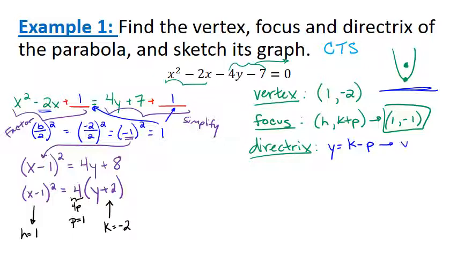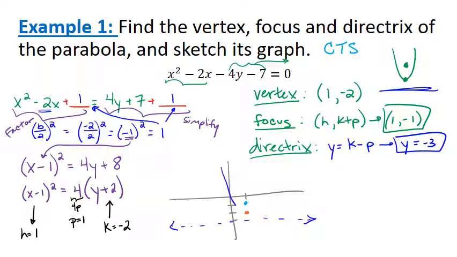So in this case, we will have y equals a negative 3 for our directrix. The last thing we are asked to do is sketch a little picture of this. Again, I'm not super concerned about the picture or the sketch. The vertex is at 1, negative 2. The focus is at 1, negative 1. And the directrix is here.